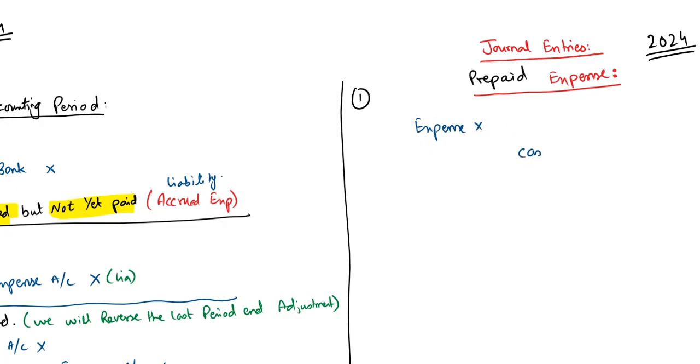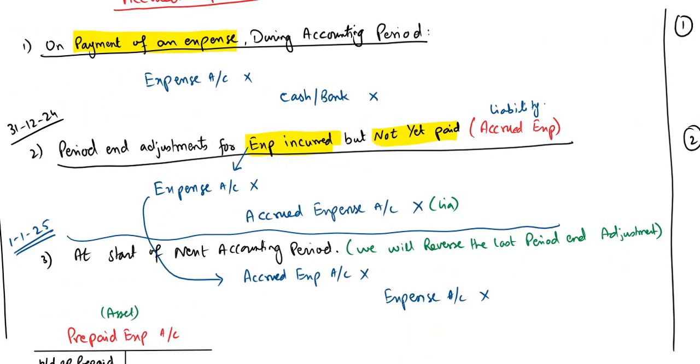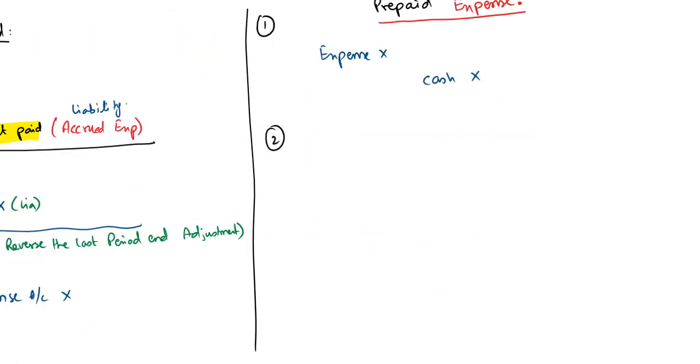So what is the second entry? The second entry will be the period-end adjustment for expense not yet incurred and paid in advance. It means we paid in advance but the expense was not incurred.